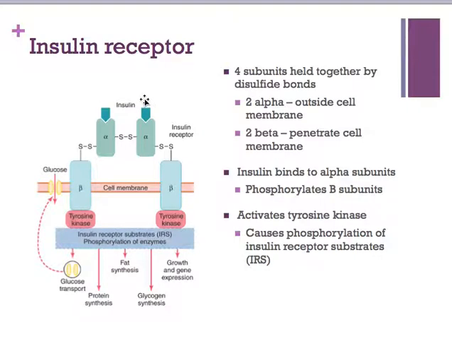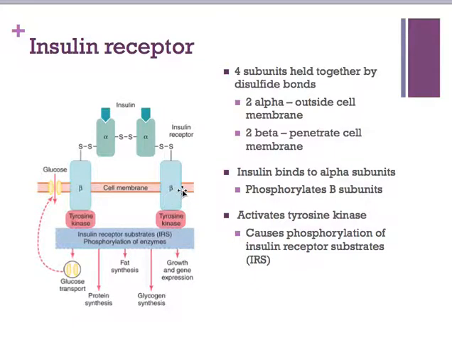This is what an insulin receptor looks like. This is what we call a dimerized receptor. When there is the binding of something to an insulin receptor, dimerization refers to essentially that receptor unfolding so that we have two opposing mirror image copies of it. So it's a dimer, a mirror image.